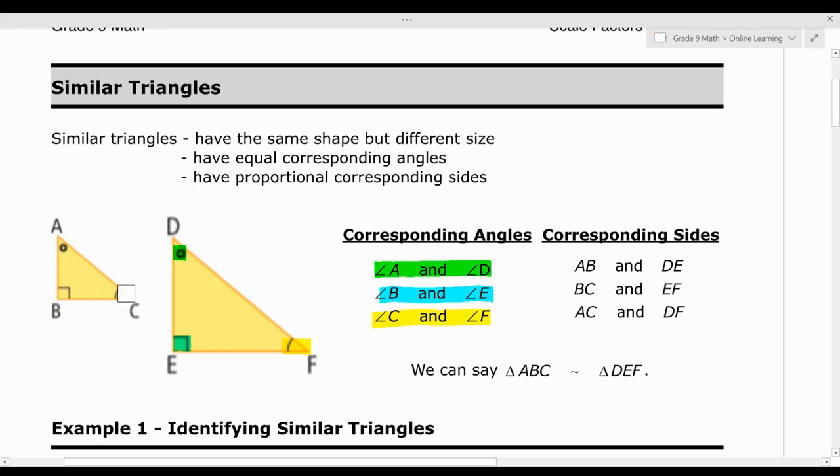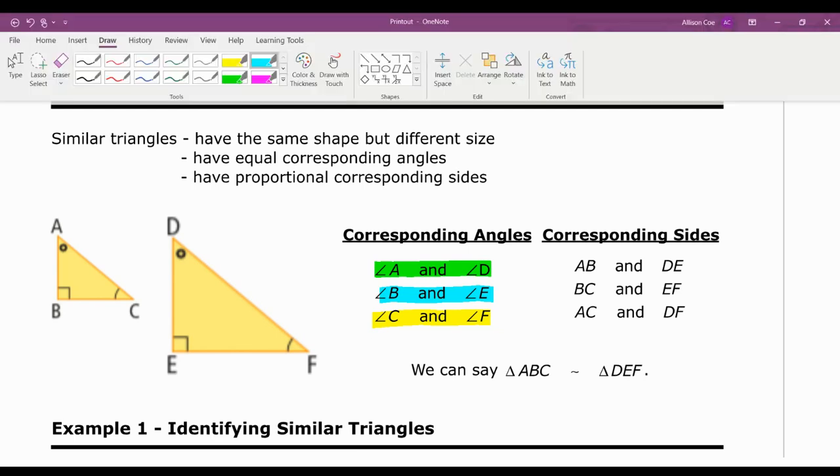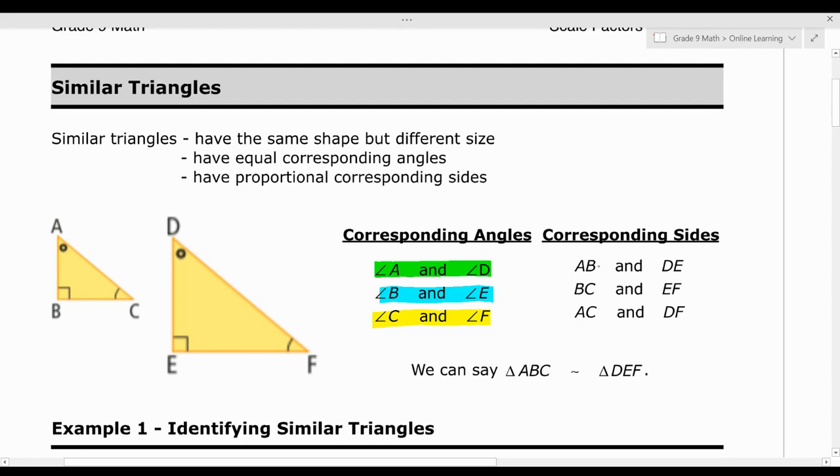I'm just going to clean this up, make it easier to see. Okay, so you're going to notice it talks about how AB is corresponding to DE. AB just means on the triangle from A to B. And what it's telling me is AB and DE are connected.